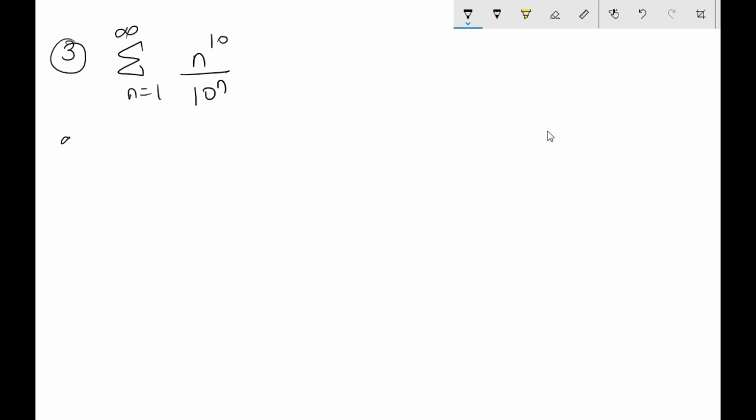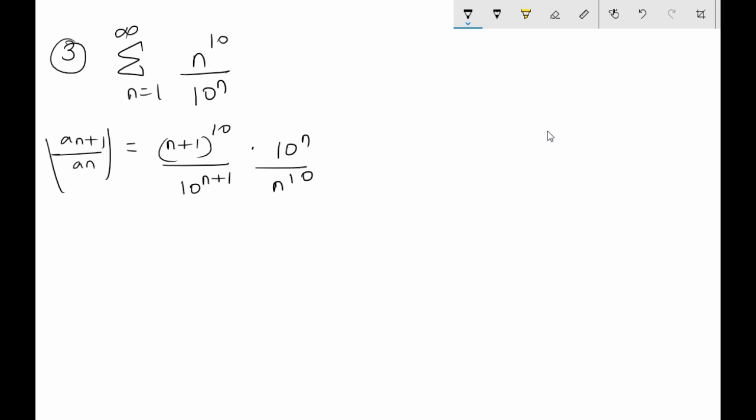By ratio test, a(n+1) by a(n) will be (n+1)^10 over 10^(n+1), into 10^n and n^10. So (n+1)^10, we can write 10^(n+1) as 10^n into 10, multiplied by 10^n and n^10. So this will get cancelled out.